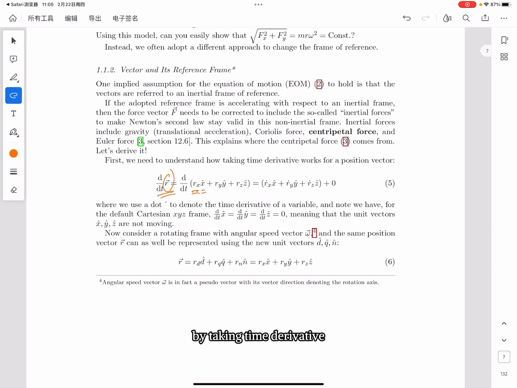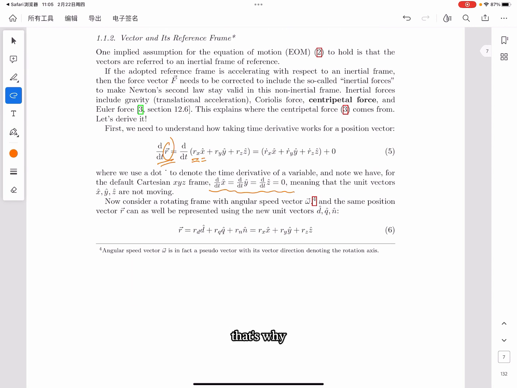By taking the time derivative, we really need to take the time derivative of both the component and the unit vector. But we know that the time derivative of our unit vector is 0. That's why we reach this natural result here.